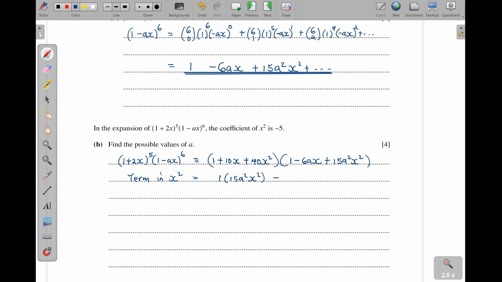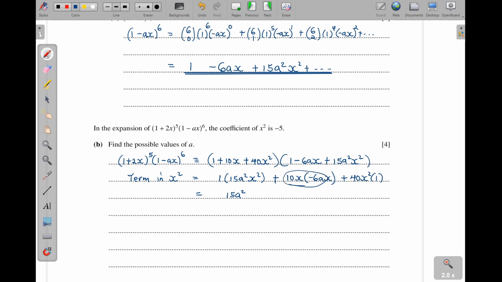You see that? Then the 10x here will multiply with negative 6a, okay, of x. And then the 40x squared will multiply with this one here. So plus then 40x squared times 1. Here we shall get 15a squared.